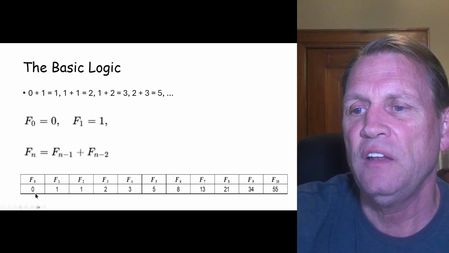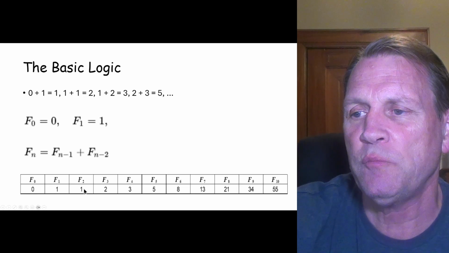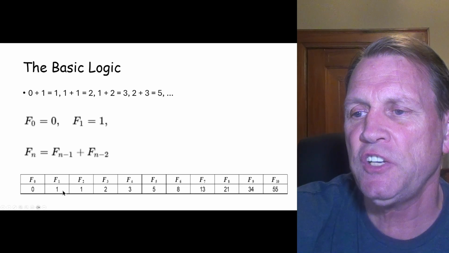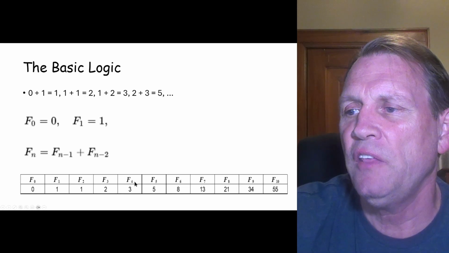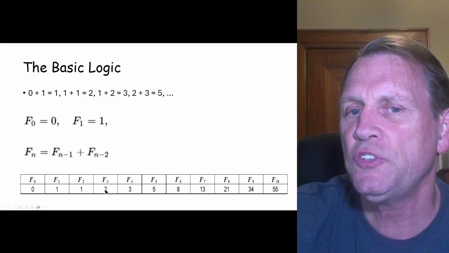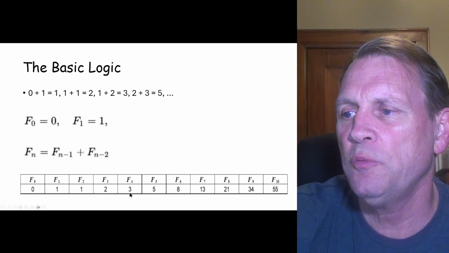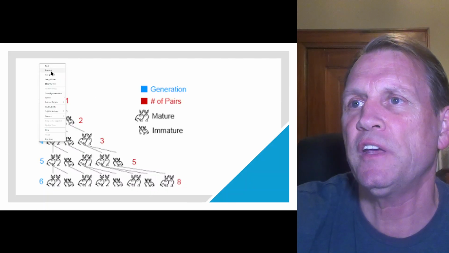So again, look at the sequence. 0 and 1 is equal to 1. That's f sub 2. What's the third number? f sub 3 in Fibonacci. 1 plus 1 is equal to 2. So hence the numbers. And then f sub 4, 1 plus 2 is equal to 3. Right? And then 2 plus 3 is equal to 5, and so on. Oops, didn't mean to do that yet. Okay?